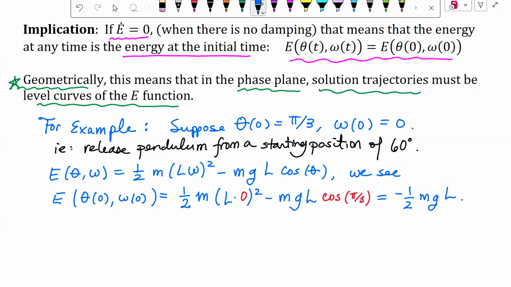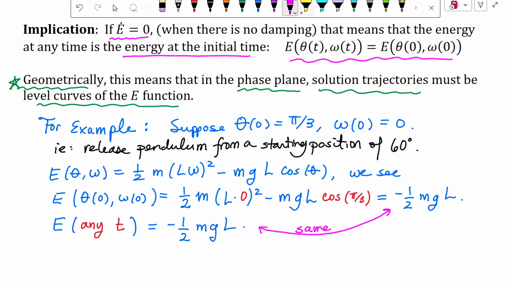Since the derivative of the energy is 0, though, that means the energy is constant. And so when we evaluate the energy at any time t, we are going to have the same value. The energy at any time t then is going to be -1/2 mass gravity length.